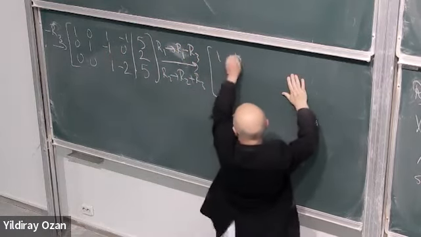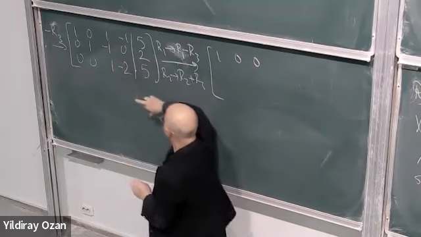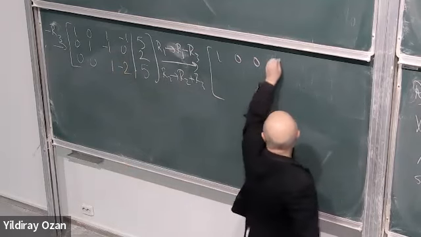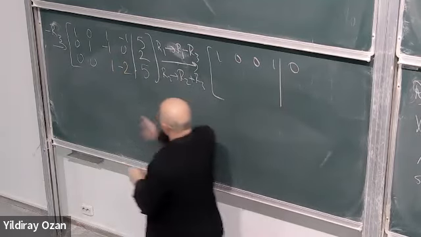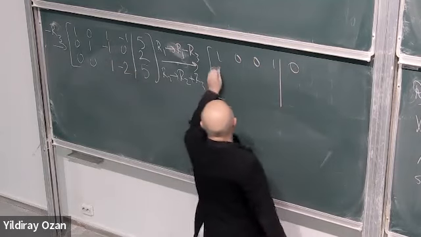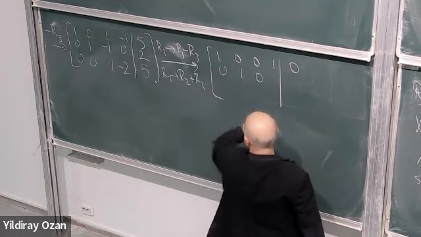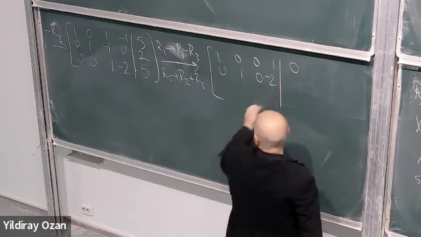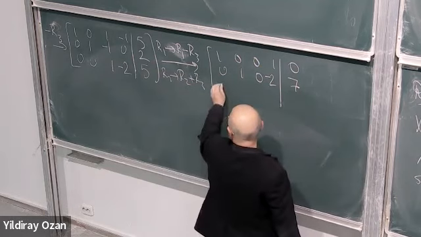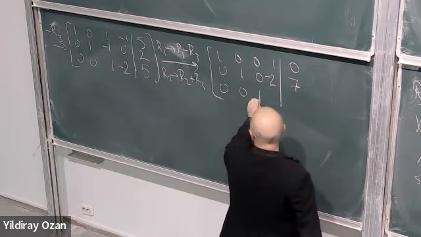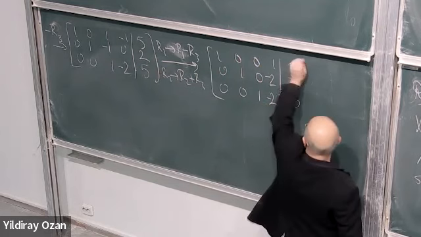We get 1, 0, 0. Eksi 1 ile çarpıp topluyorum. Artı 2, 1. Burası 0 oldu. Bir de bunu buna ekliyorum. 0, 1, 0 eklediğim için eksi 2 ekliyorum. 7 oldu. And here we have 0, 0, 1, minus 2 and 5.